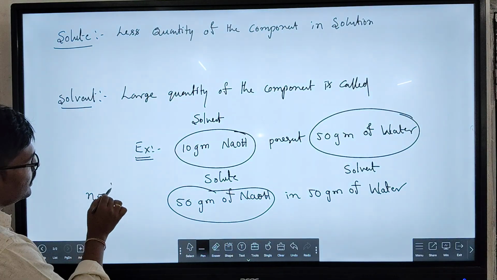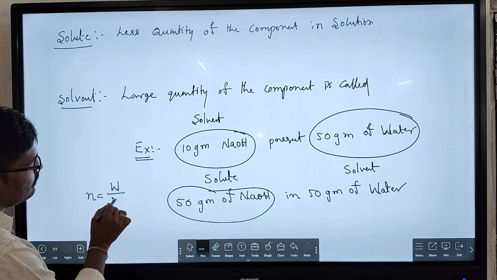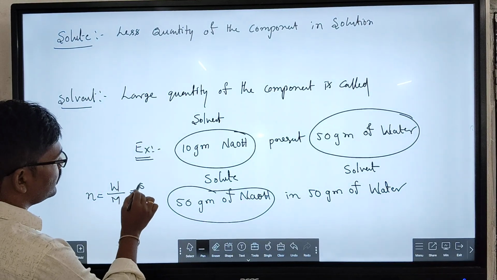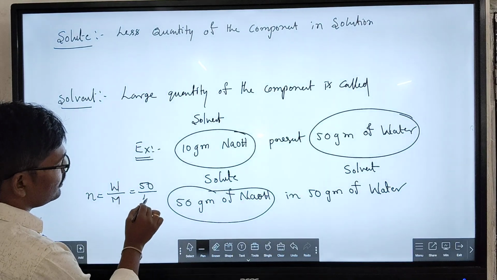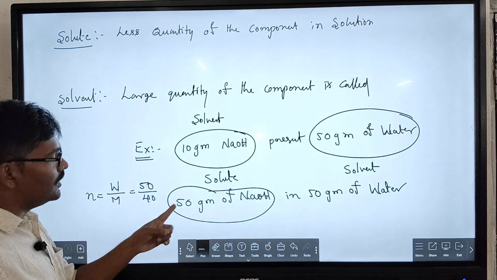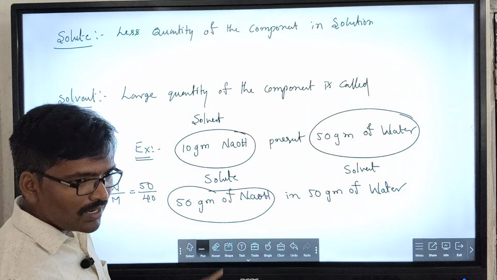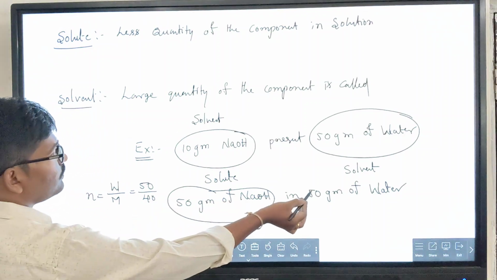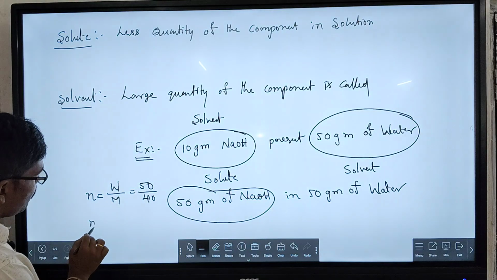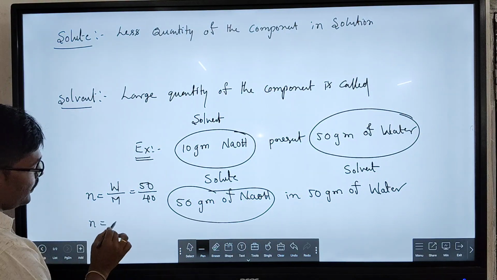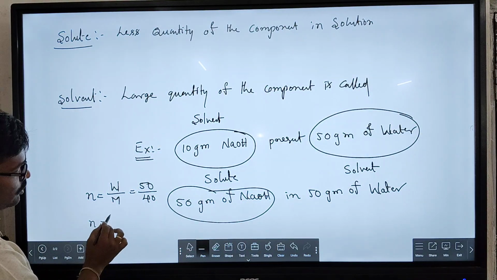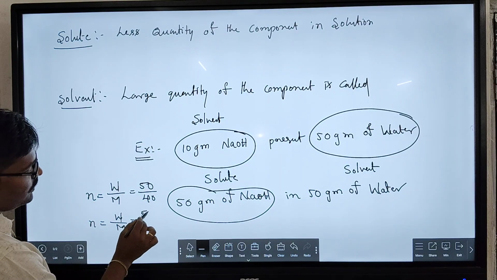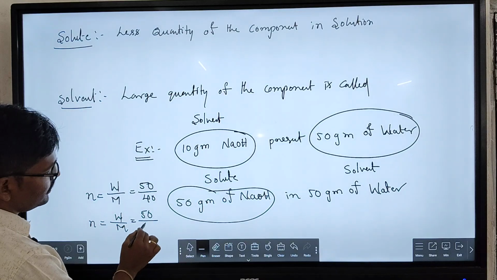Moles is given weight divided by the gram molecular weight of the particular component. Weight given is 50, and the molecular weight of NaOH is 40: Na 23, oxygen 16, hydrogen 1. For the number of moles of H2O, weight given is 50 divided by molecular weight 18.